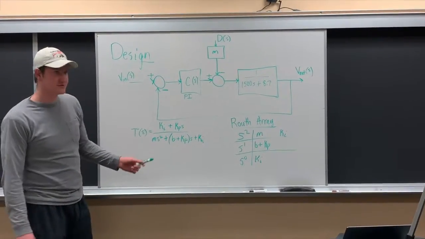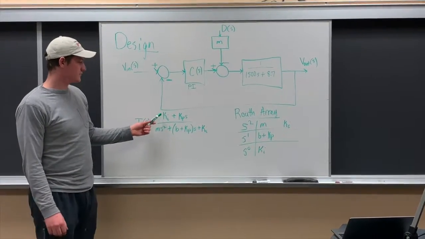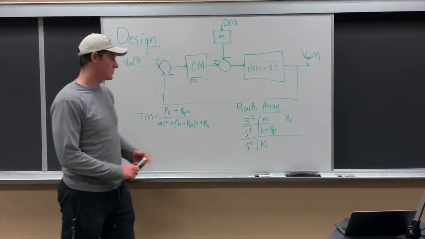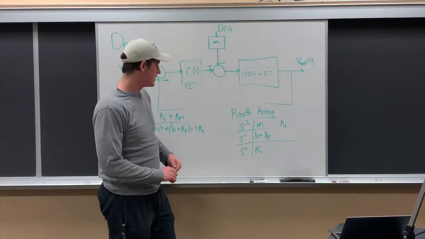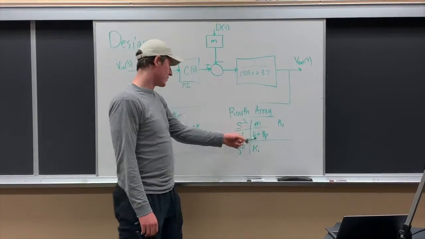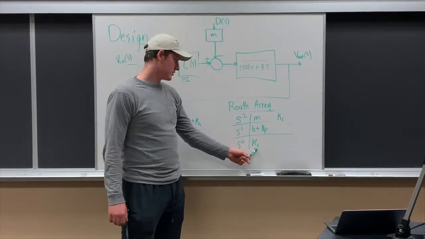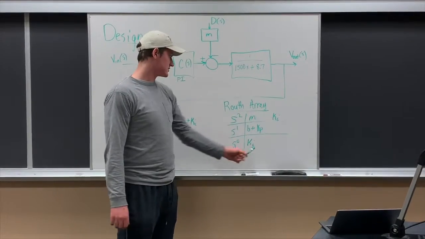So in order for our system to remain stable, we need to find parameters for Ki and Kp, and we do that by doing the Routh array. When we do the Routh array, we populate it with these values, and we result in this.